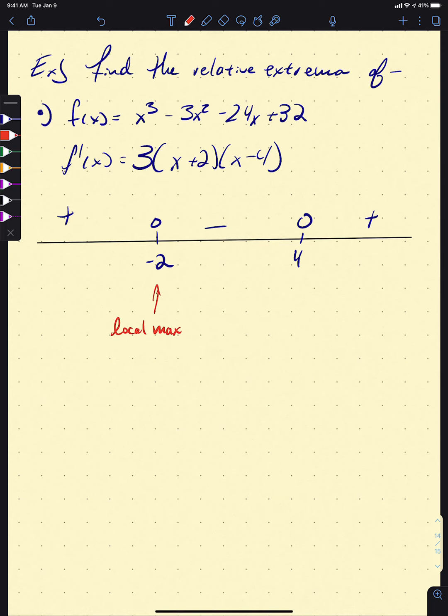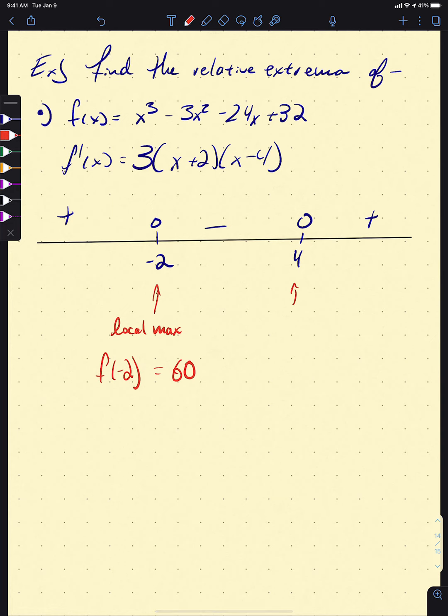In particular, if we wanted to calculate f of negative 2, if you go through negative 2 cubed minus blah, blah, blah, you're going to get that that's equal to 60. So f of negative 2 equaling 60 is a local maximum, right? If you take a little neighborhood around the point, everything around it is going to be less than it.